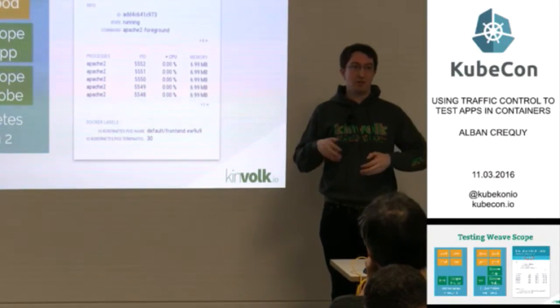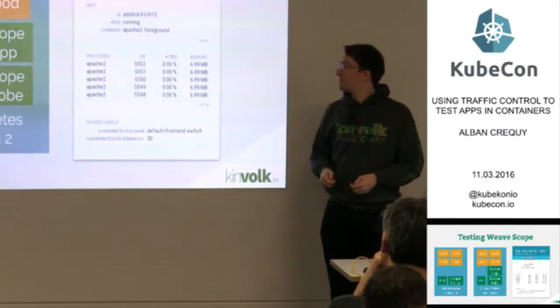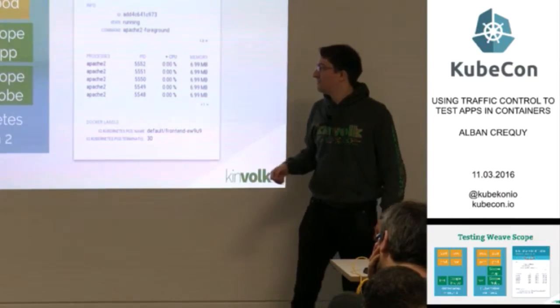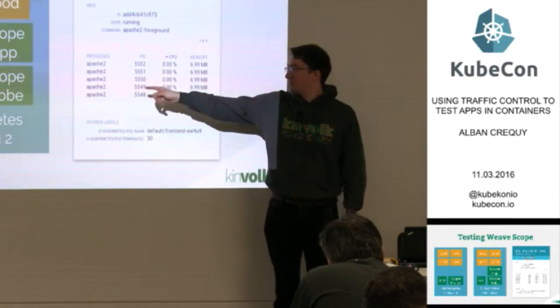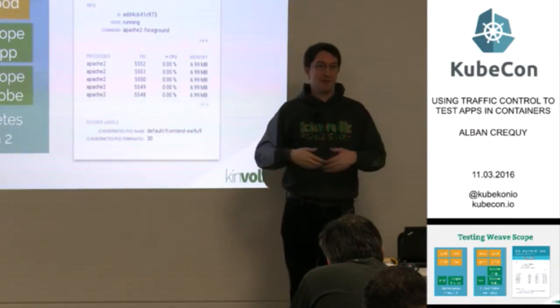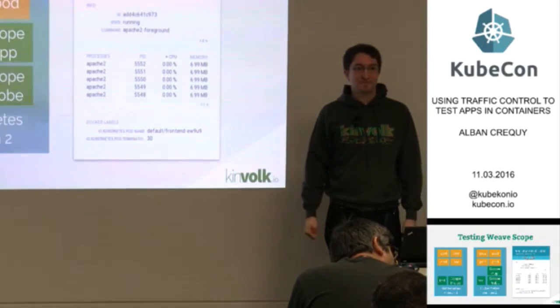You can say, okay, drop the next 1,000 packets, but then go back to normal. And a testing framework could connect to all the TCD on all the nodes, and tell each of them, okay, change everything on every pod. That will be possible to do.